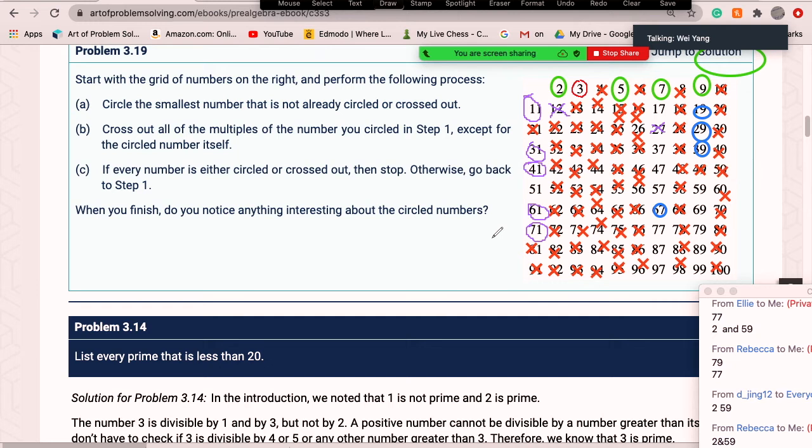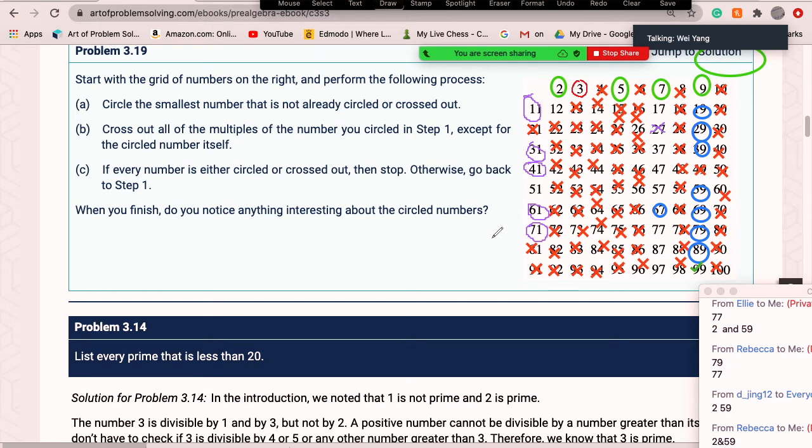Then do step 2: cross out all the multiples of 2, which means all the even numbers. Wait, why is all of 3 besides 3 crossed out? I erased it since someone else did.